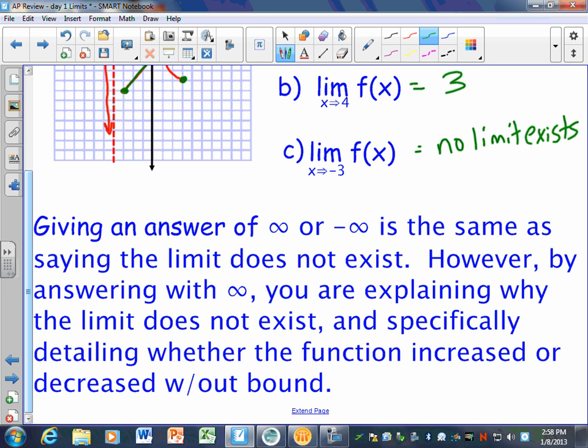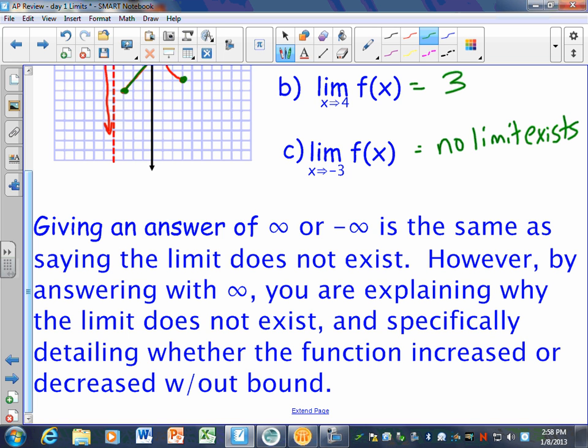There is just no limit there. But if you give a one-sided limit, you can say infinity or negative infinity. On the AP test, if it's a free response question, they would accept either one. They would accept infinity, negative infinity, or does not exist. Multiple choice, they would never give you both of those options on the same one, so don't worry about getting confused about that.